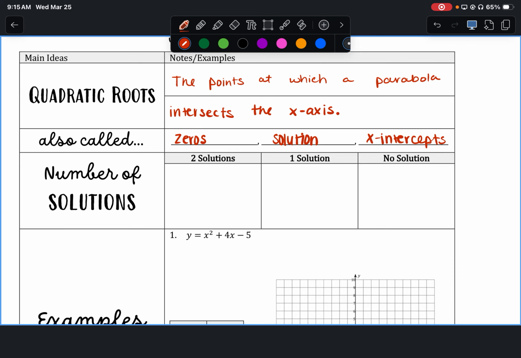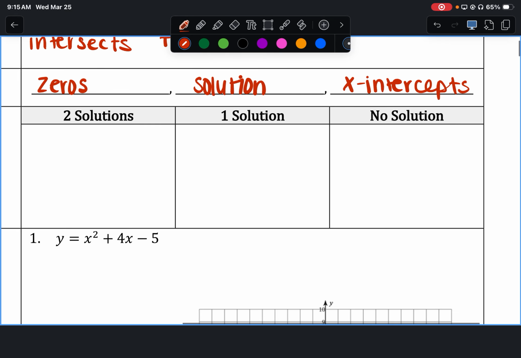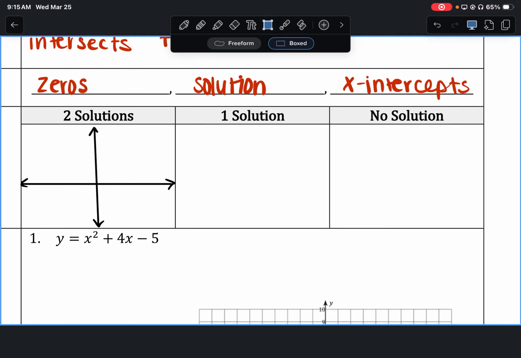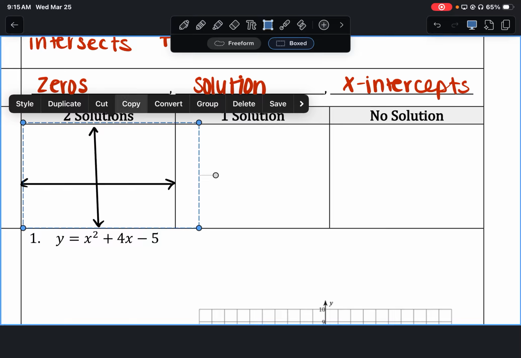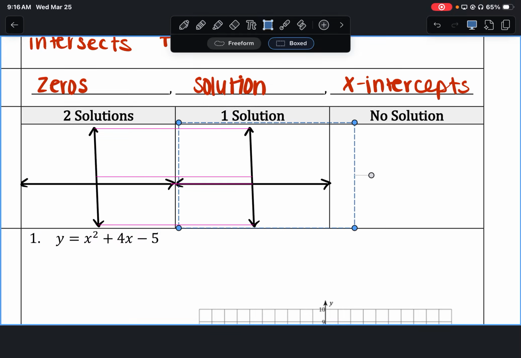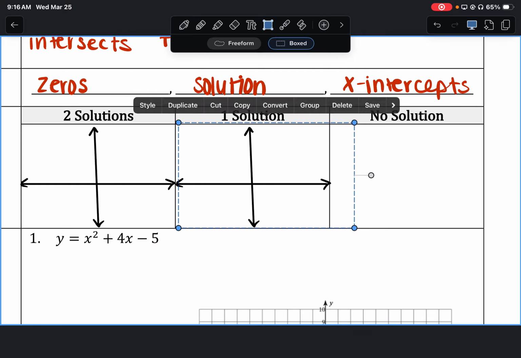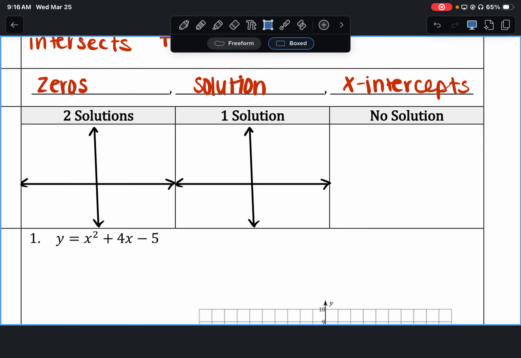What do I need to plug into the numerator? 4. What do I need to plug into the denominator? So the numerator gives us negative 4 divided by 2 times 1, or 2. What is negative 4 divided by 2? Negative 2. Okay. So our axis of symmetry is what we put in the very middle of our table.